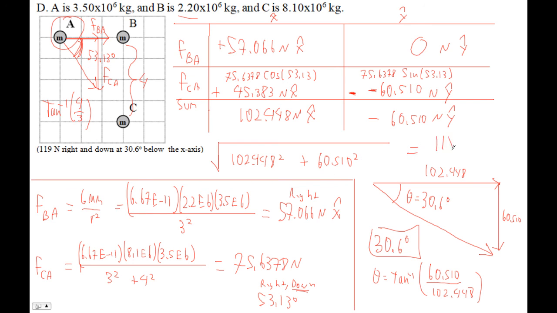So we would say that this is 119 newtons with 3 sig figs, at 30.6 degrees. It's to the right and down at 30.6 degrees below the x-axis. Hope that helps.